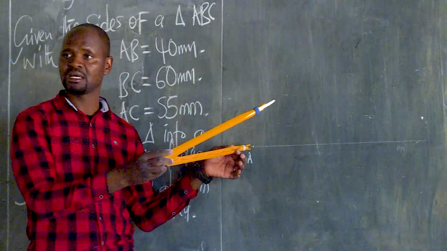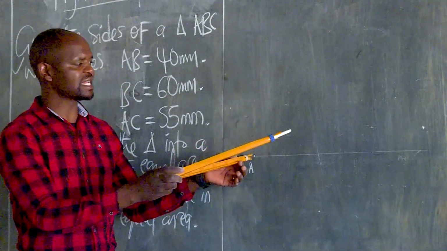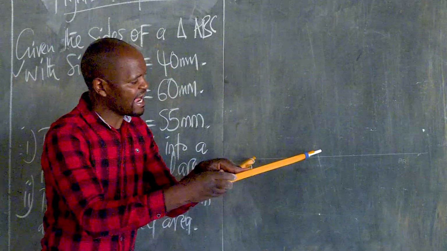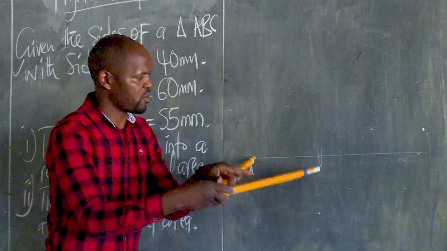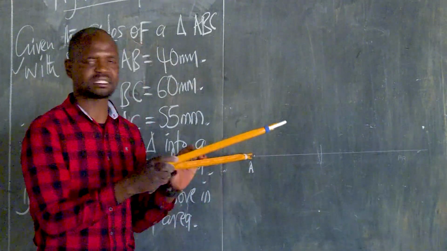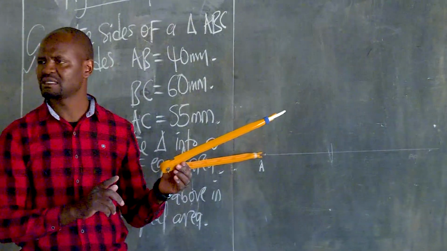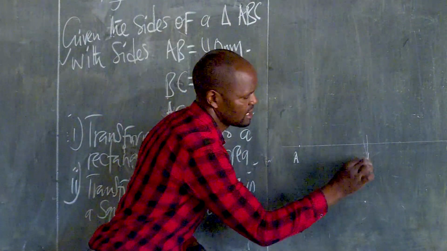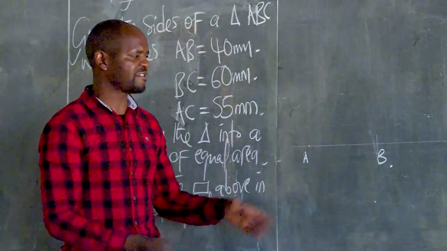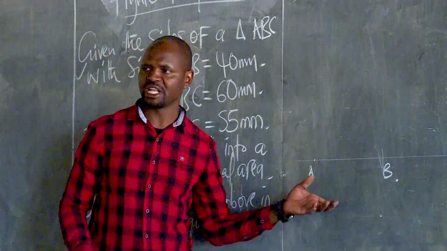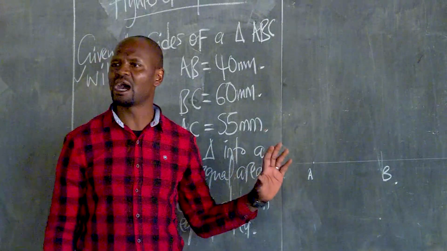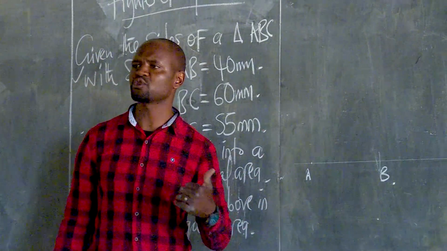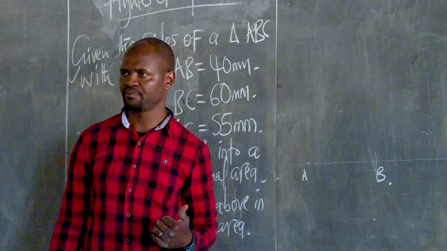So I'll stand on point A there. Are we together? Yes, sir. When I stand on my point A, I'll strike a line like this. Like that. This becomes my point what? B. This becomes my point B. Do not worry if these lines are not visible enough, because these lines are construction lines which should not be very visible.